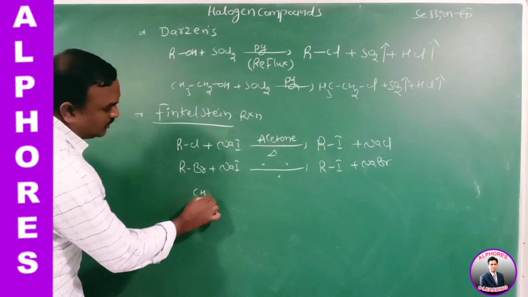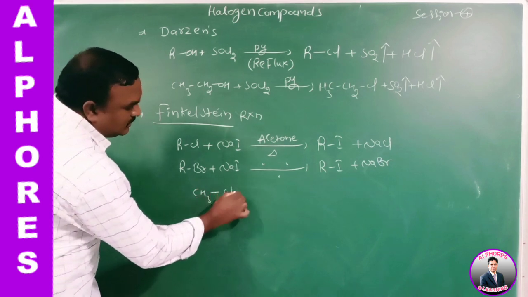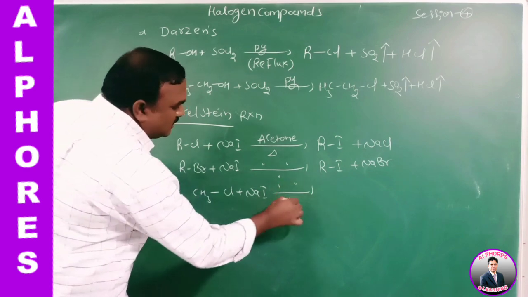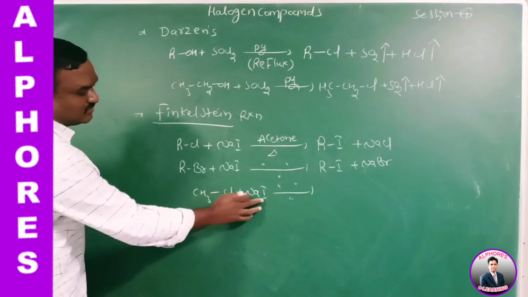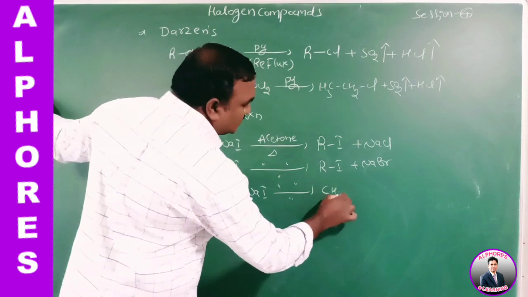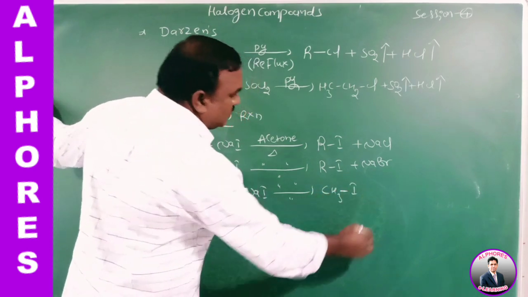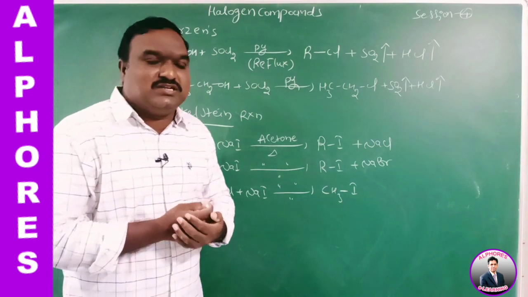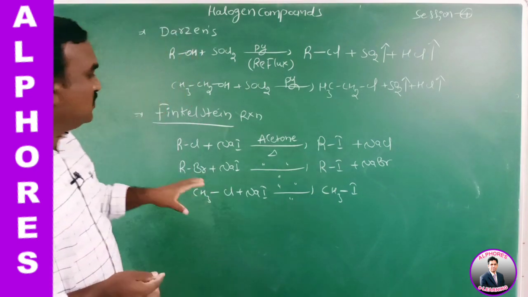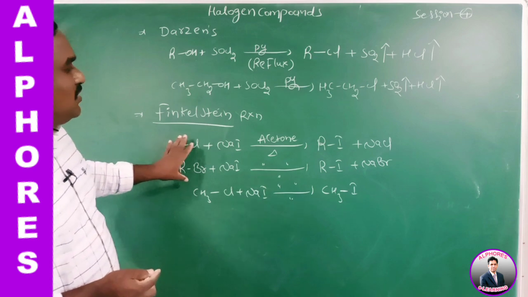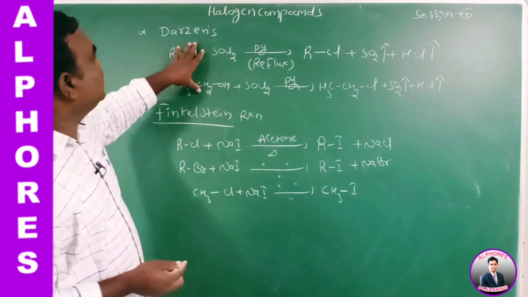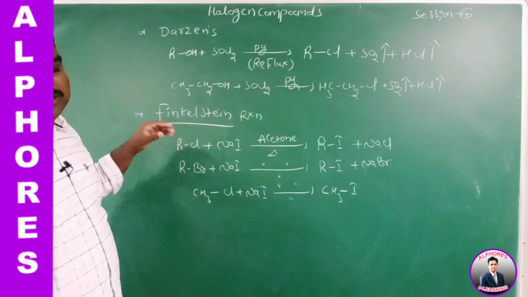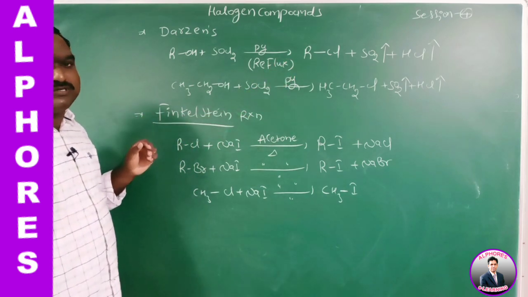For example, here CH3Cl is given, NaI is given. Cl minus is substituted by what? I. Here CH3I. The majority of Finkelstein reactions are SN2 reactions. This one is generally called Finkelstein reaction. This one is generally called Darzens reaction.